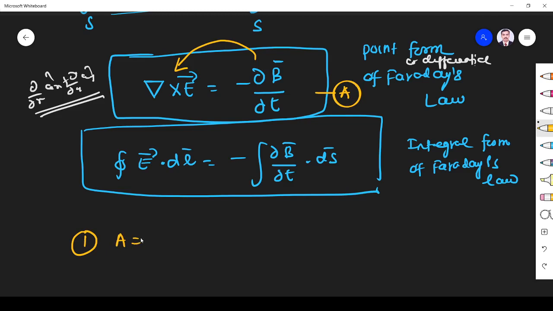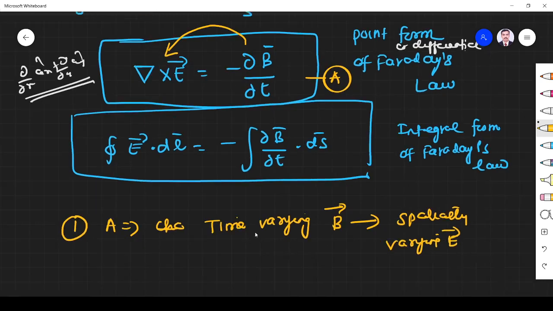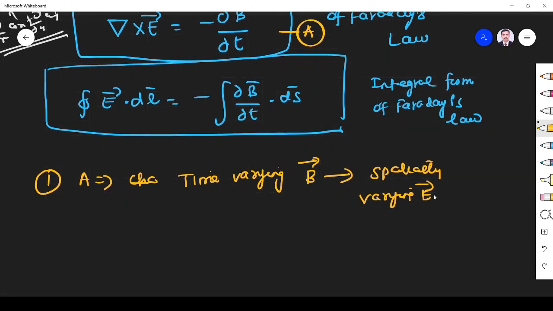From A we know that a time varying magnetic field, that is, a magnetic field varying with respect to time, will create, you see, del is a spatial operator, a spatially varying electric field. That means, simply, if the magnetic field is changed, it will produce a change in the electric field.